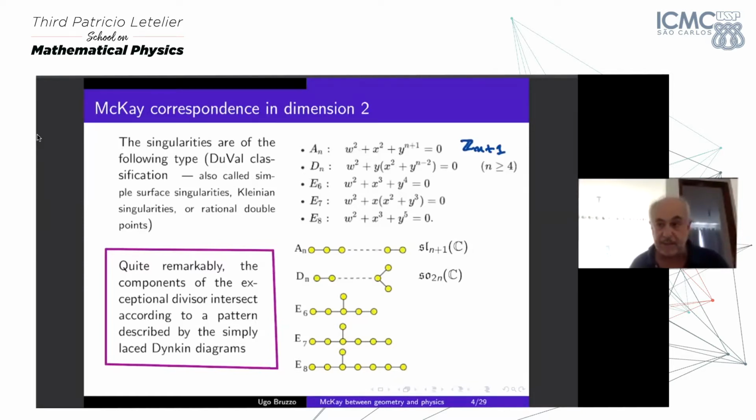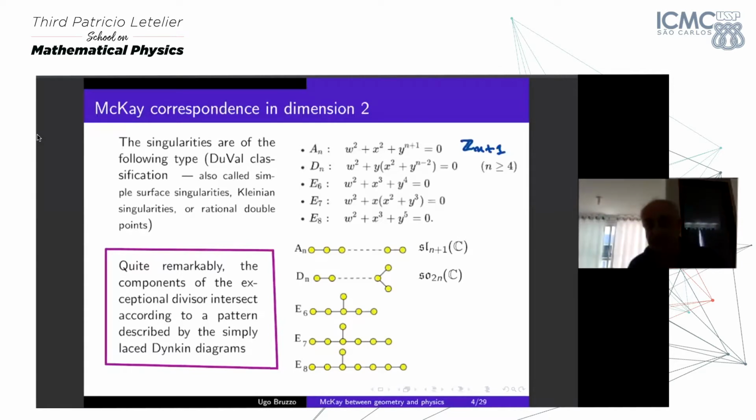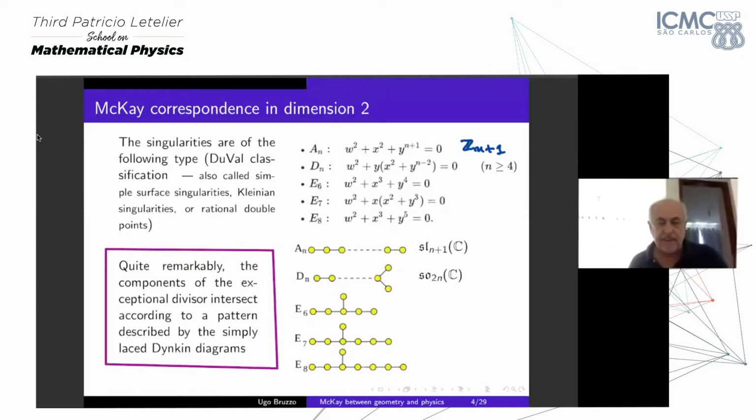Now, the exceptional divisor is what you replace the singularities with, as I was saying also this morning during the discussion session: when you desingularize, you replace the singular locus with something which becomes a closed subset of the resolution of singularity, which is called the exceptional locus.